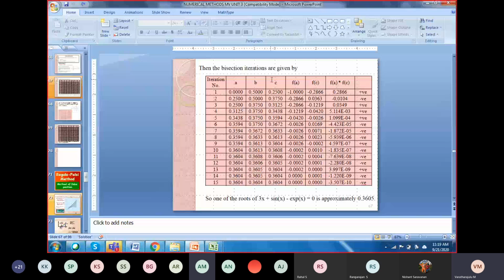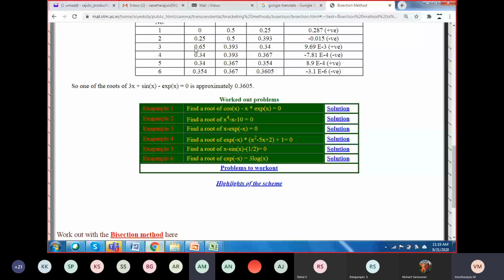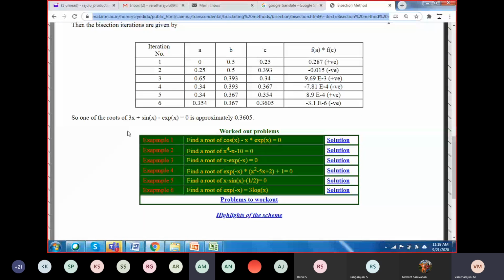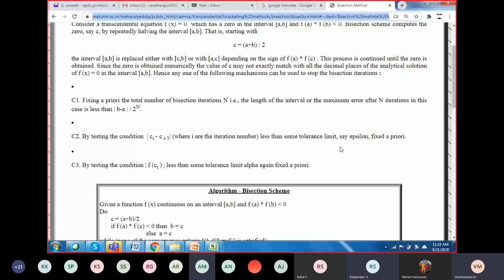I will share one particular link, from which you can find more details about the bisection method. Is it visible? Yes, sir. Is my browser visible for you? Yes, sir. IIT Madras has given a link for this particular bisection method.